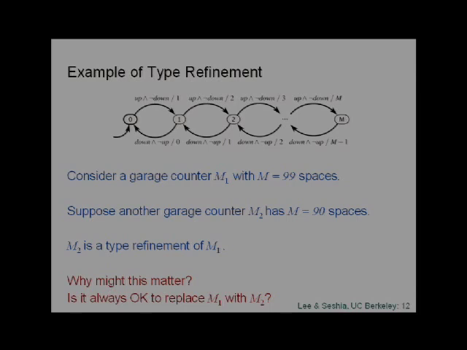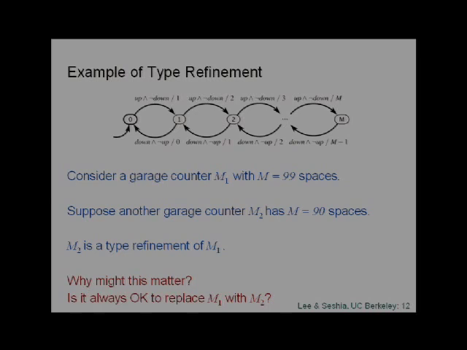So for M1, the output type of count is the set 0 to 99, and for M2, the output type of count is the set 0 to 90, right?